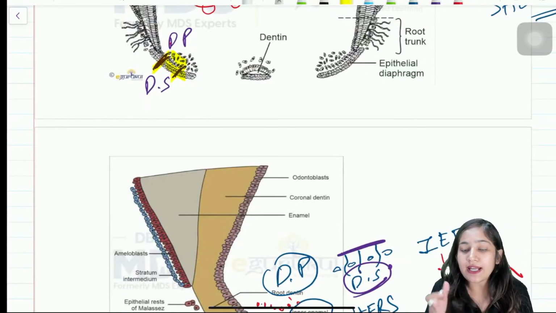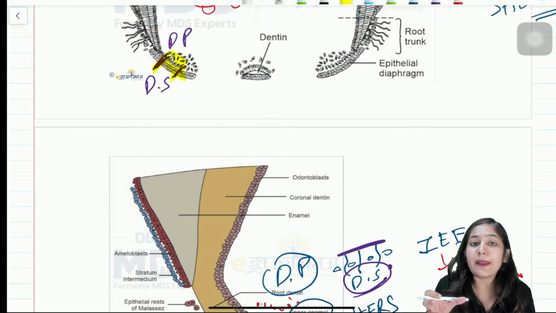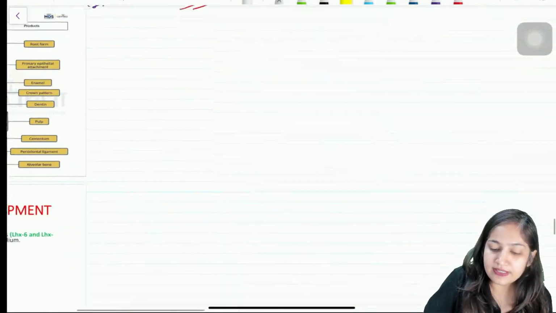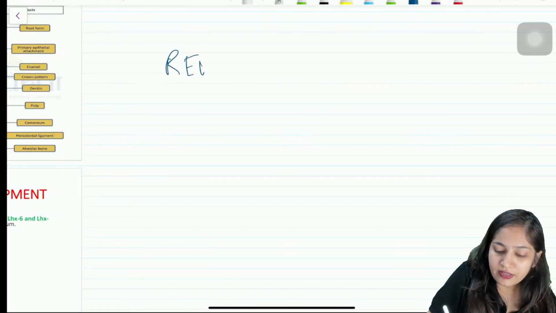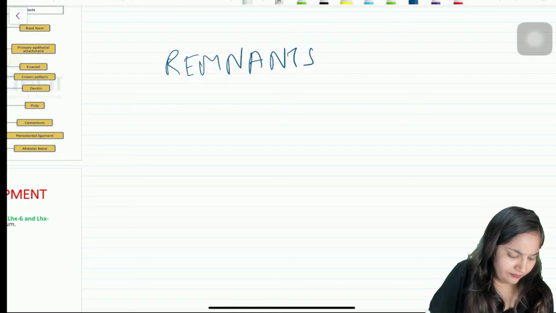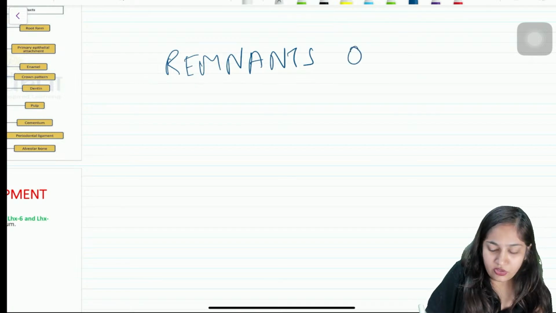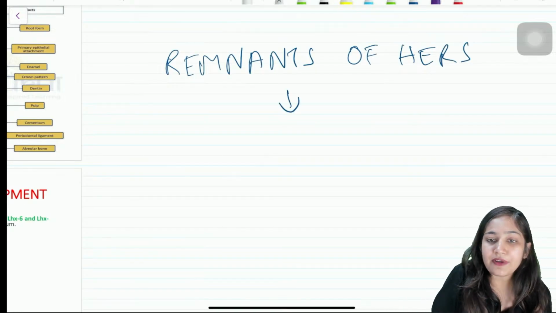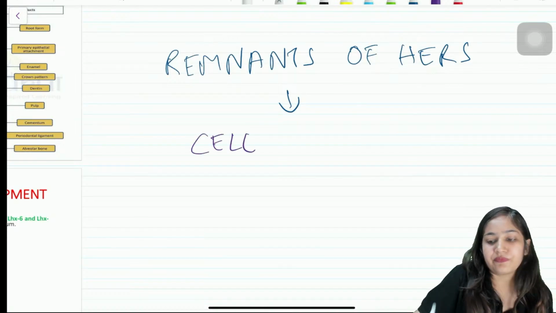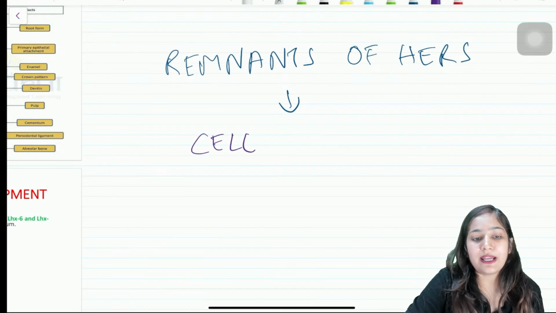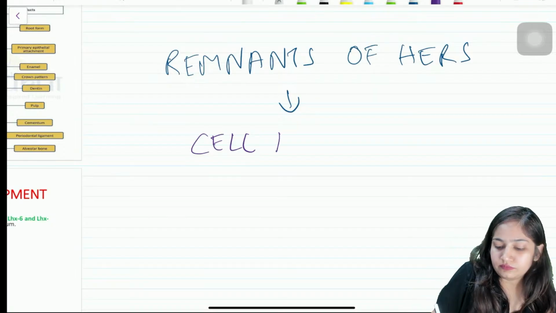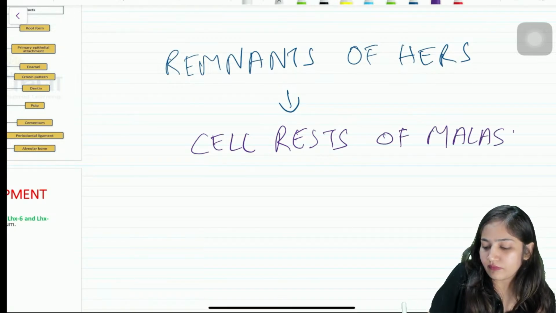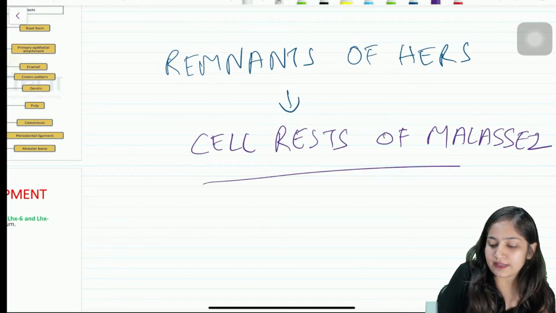Now, as HERS is disintegrating, again there are some remnants of HERS left behind. So remnants of HERS are known as, this is again an MCQ question. Remnants of HERS are known as cell rests of Malassez.